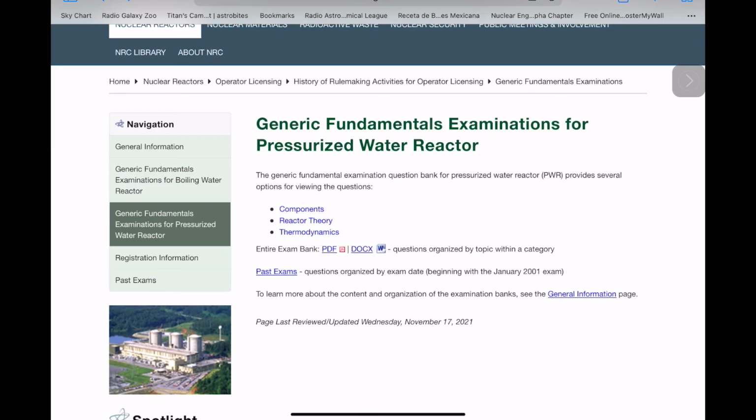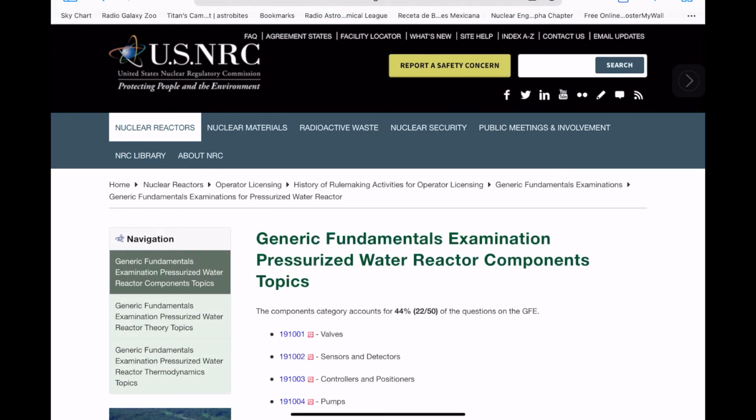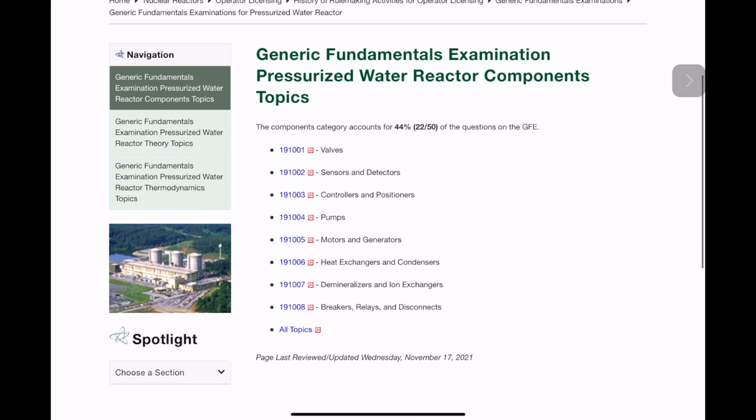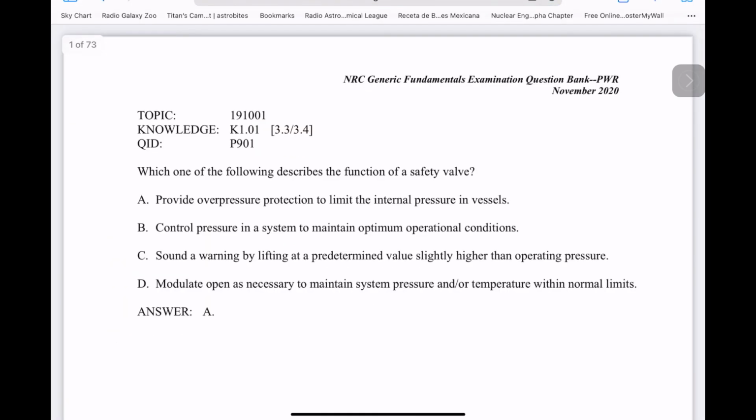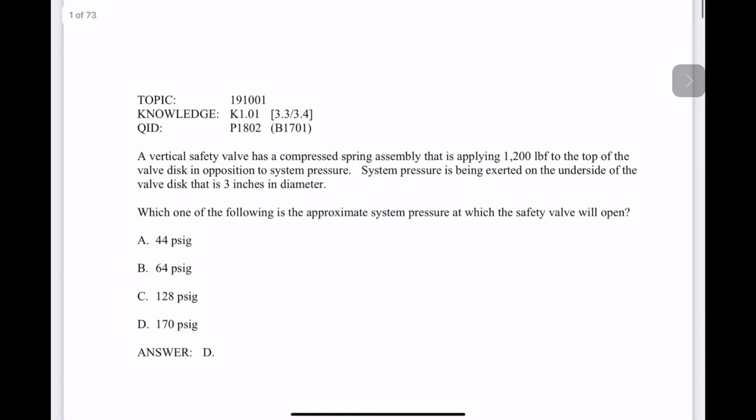I think that's everything we can talk about for the GFEs, but in the next videos I will go over each of the sections. I will say, okay, this is the component section, but I would like to take a look at, for instance, valves. Let's go in and take a look at all the problems.